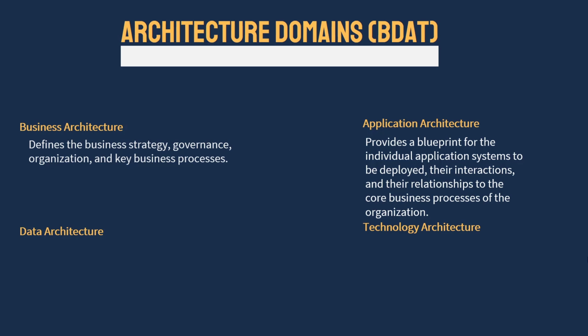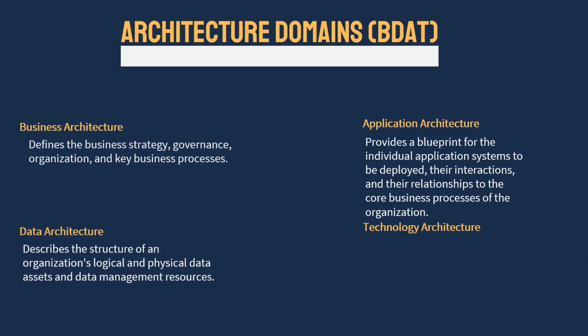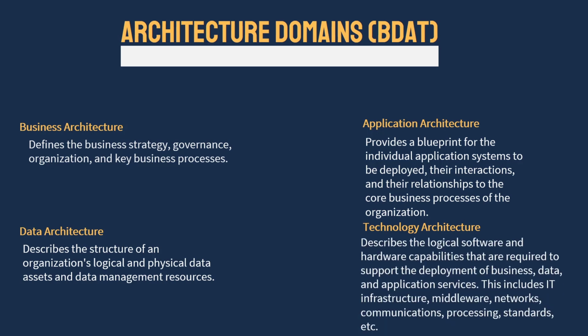Data architecture describes the structure of an organization's logical and physical data assets and data management resources. Technology architecture describes the logical software and hardware capabilities that are required to support the deployment of business, data and application services. This includes IT infrastructure, middleware, network communication, processing standards.